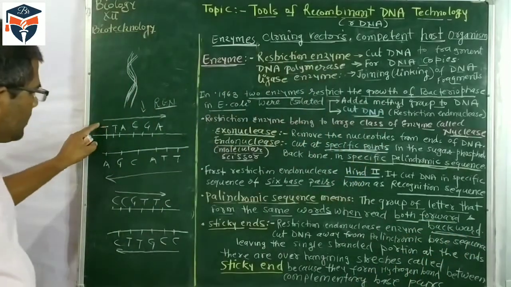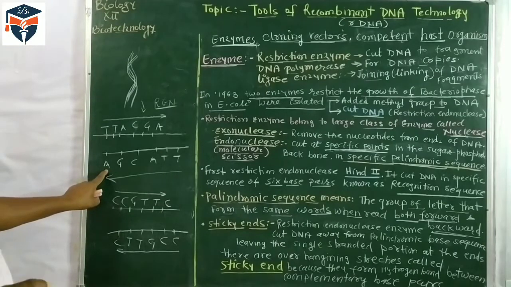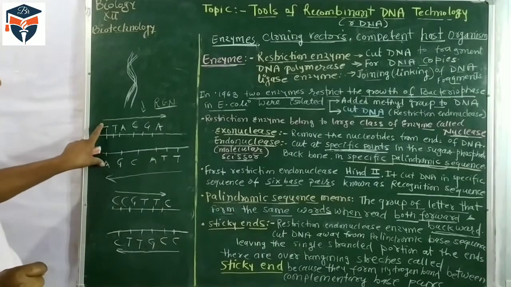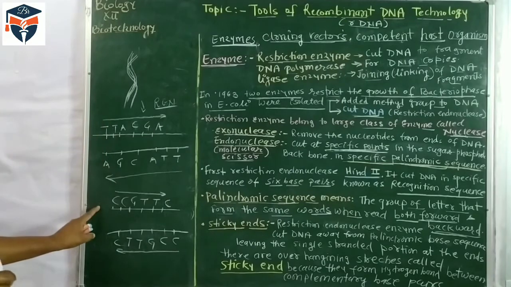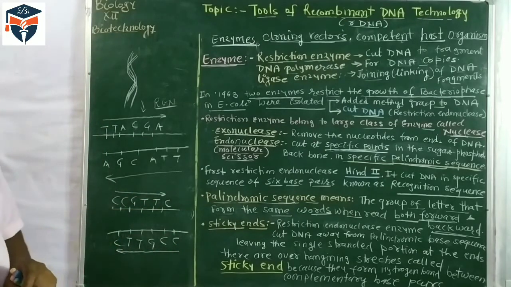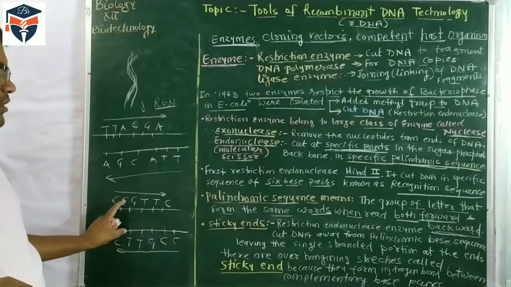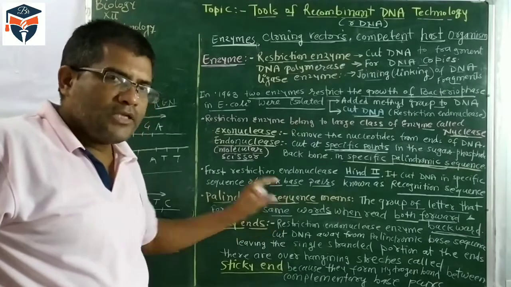So here, if you are reading forward and backward, the nitrogenous bases in the DNA fragment are the same. So this is a palindromic sequence. Here also, forward and backward sequence of nitrogenous bases is the same.